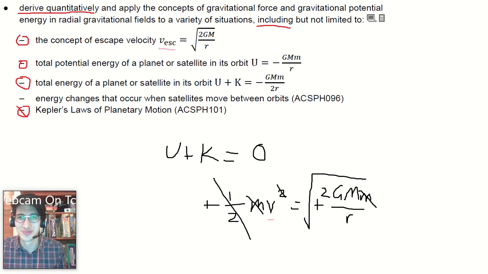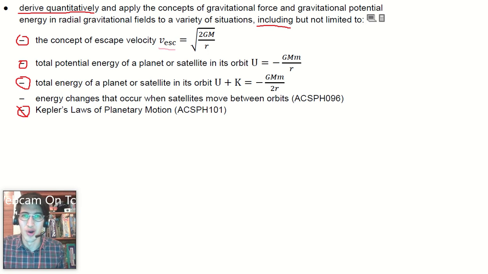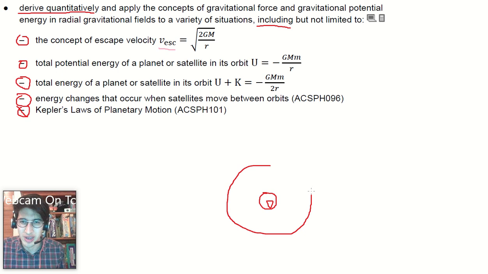Okay. Last bit of this dot point, which is the energy changes that occur when satellites move between orbits. And that part's pretty simple. If you are orbiting around the Earth at a certain orbit, if you're given a bit of extra energy, if some work is done, and some other work equations like work equals force times displacement might come in.